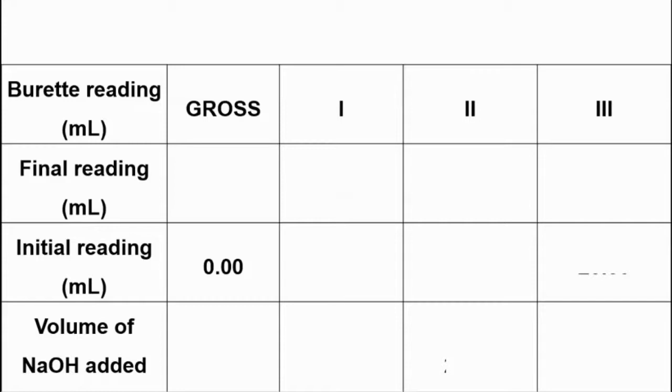We are going to stop the titration once the color of the solution changes from colorless to pale pink. Then we stop the titration, and this is the point that we call the end point, the point at which the color of the indicator changes.